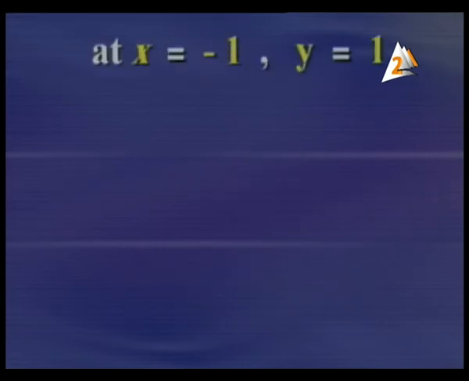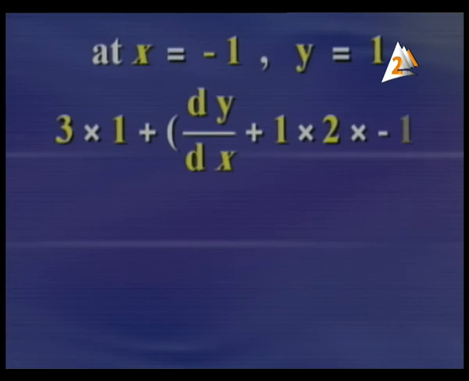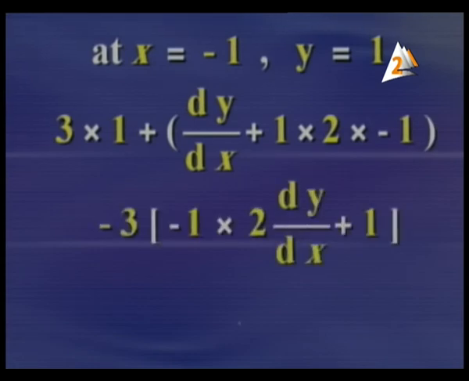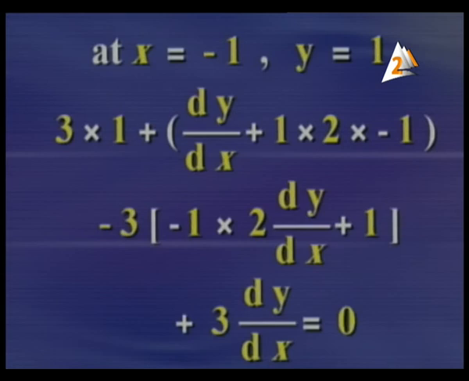Therefore, at x = -1, y = 1, by substitution we find the value of dy/dx. Look at the equation: 3 times 1 plus the bracket containing dy/dx plus 1 times 2 times -1, minus 3 multiplied by -1 times 2 dy/dx plus 1, plus 3 dy/dx equals 0.